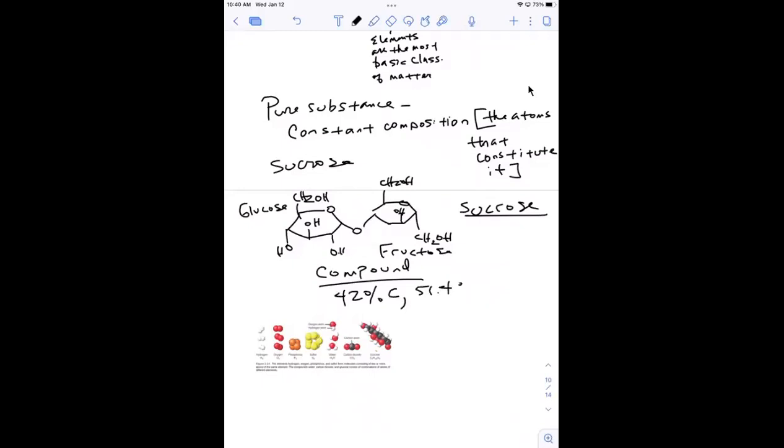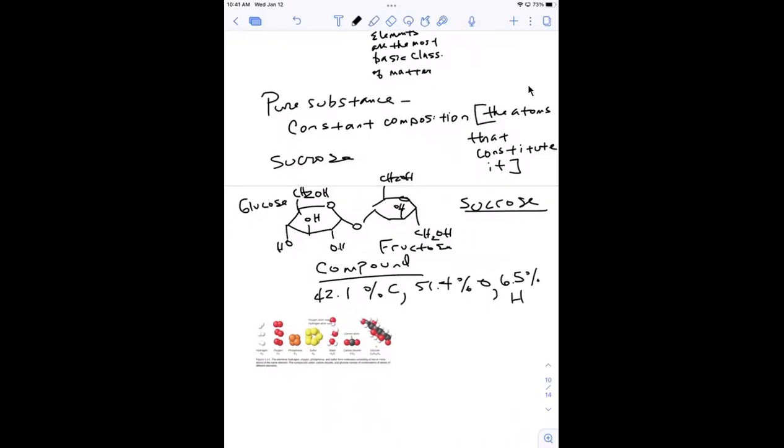I don't need to put the decimals on here. So no matter how, I can take a sample as large as the Empire State Building. When I analyze it, it's going to have the same composition, 42% carbon, 51.4% oxygen, and then 6.5% hydrogen.